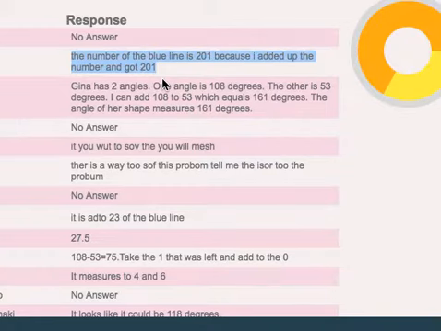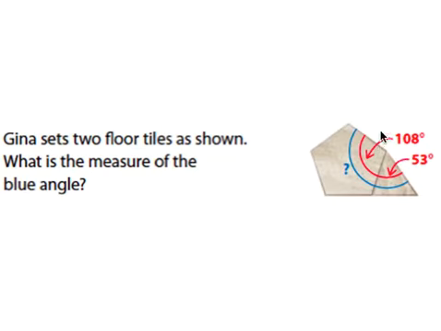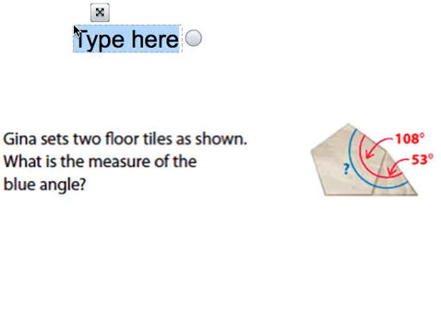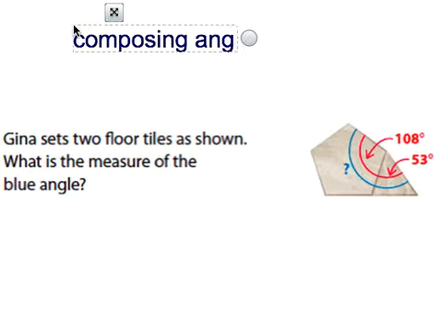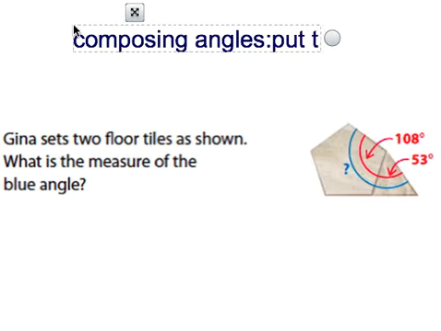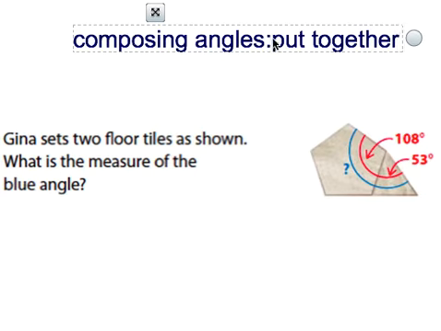Well, you are correct. You should be adding because we are composing an angle. You just watched a video in that Nearpod about decomposing and composing angles. And we know that when we are composing angles, we're putting them together.